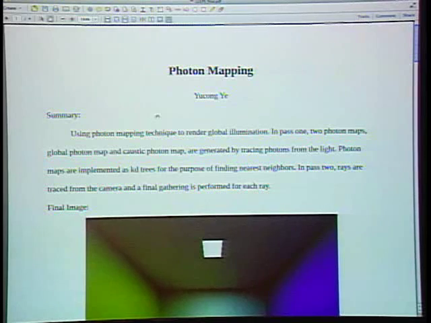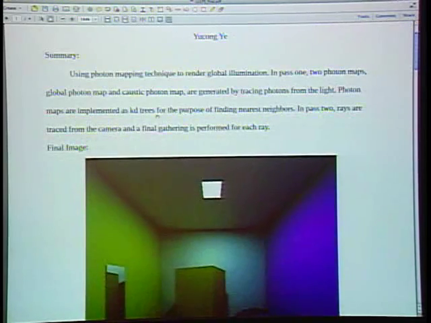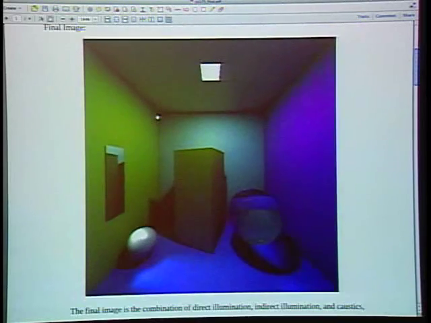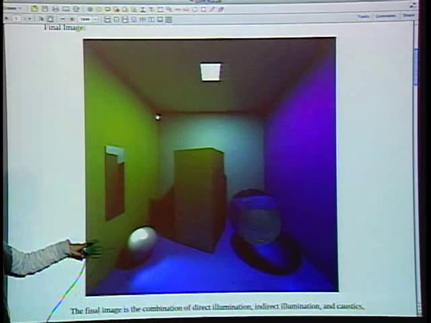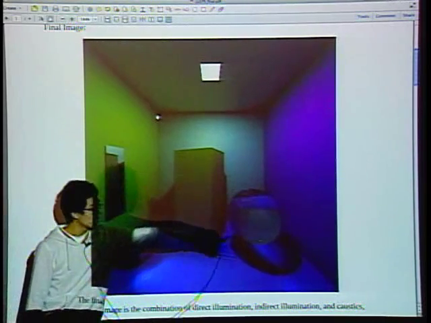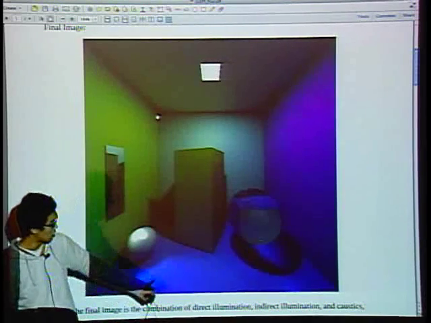So I did photon mapping. That's the final picture. So basically, I have diffuse surface, and then I have mirror reflection, and there is the refraction and caustics, and these are caustics too.